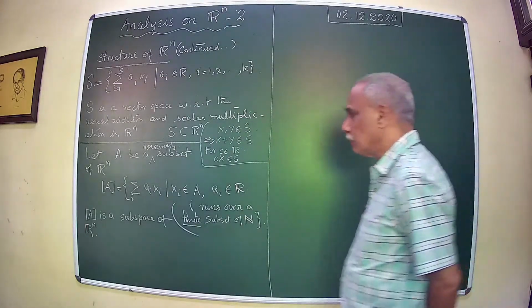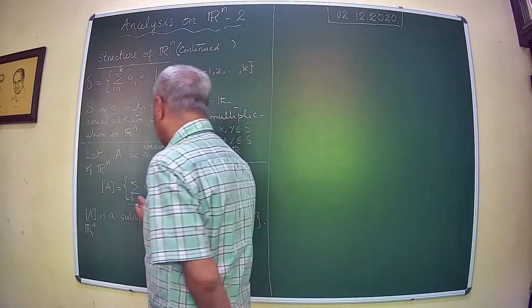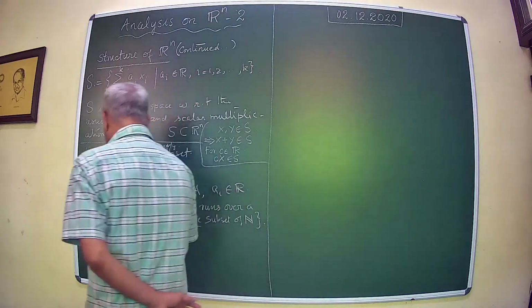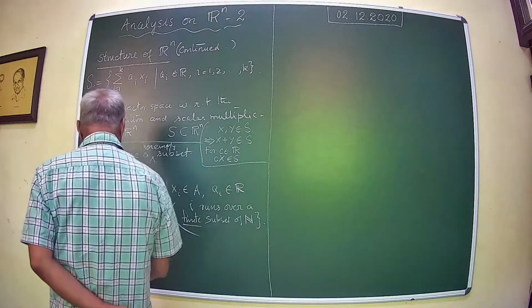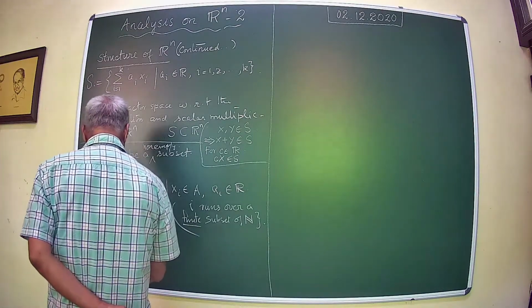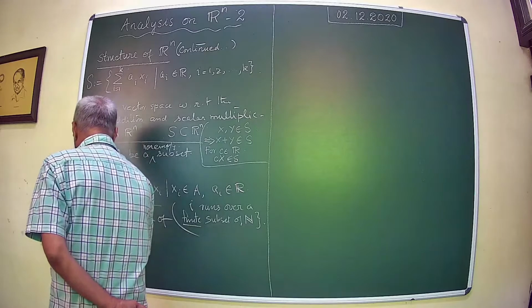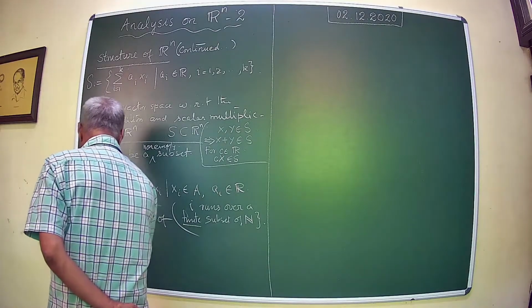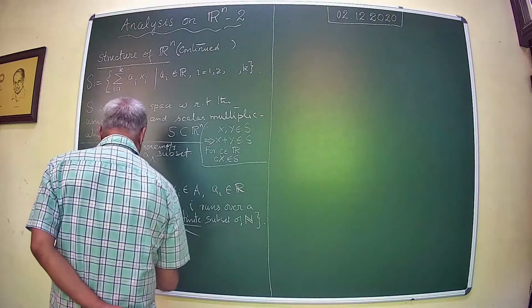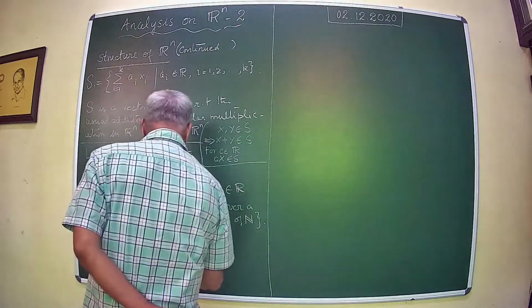But what I want to remark is that the summation over i of ai xi is a finite sum.